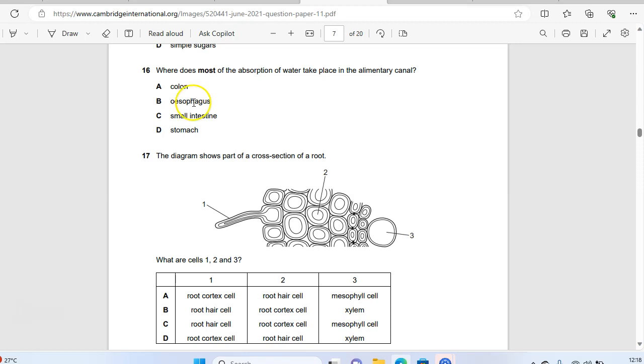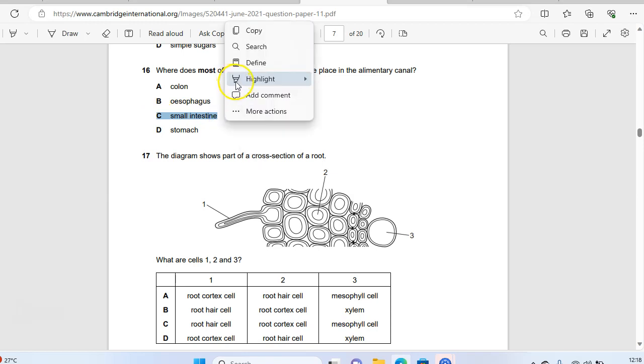And the stomach does digestion of proteins. Colon is part of your large intestine, so we are not considering it as an answer. The right answer is small intestine.